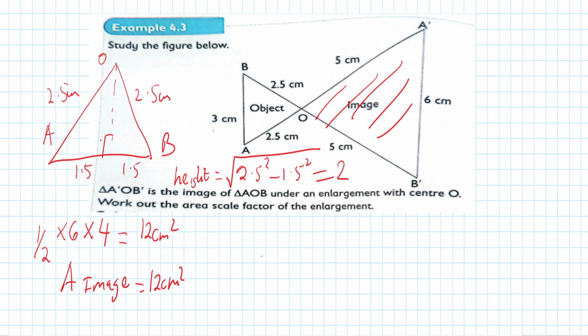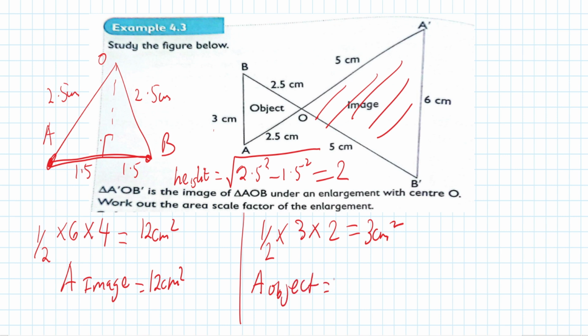So the height is 2. So you will also take a half times the base, which is 3. Remember, from here to here is 3, times your height, which is 2, which will give you 3 centimeters square. So the area of the object is 3 centimeters square.